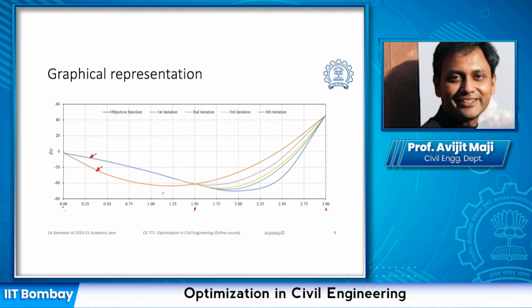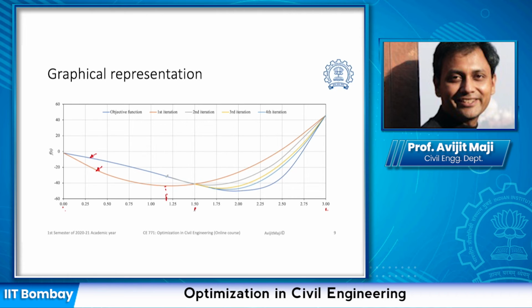And if we want to find out the optimum point of this quadratic function, we'll find that the optimum point is going to be at 1.216, which is going to be somewhere very close to here.